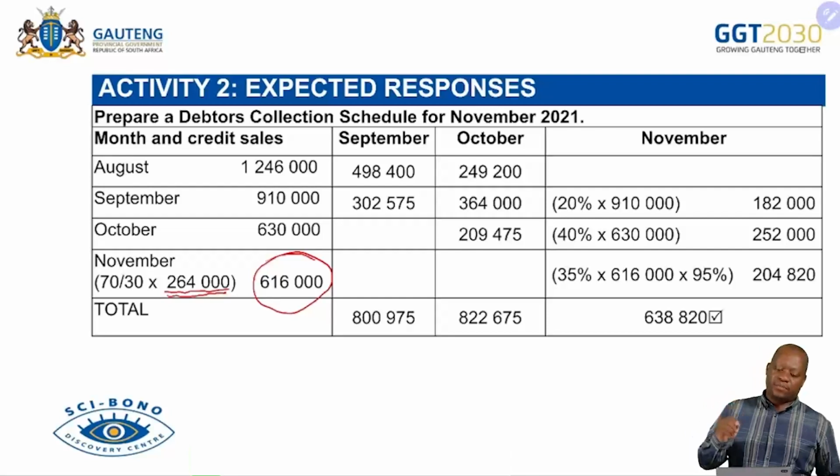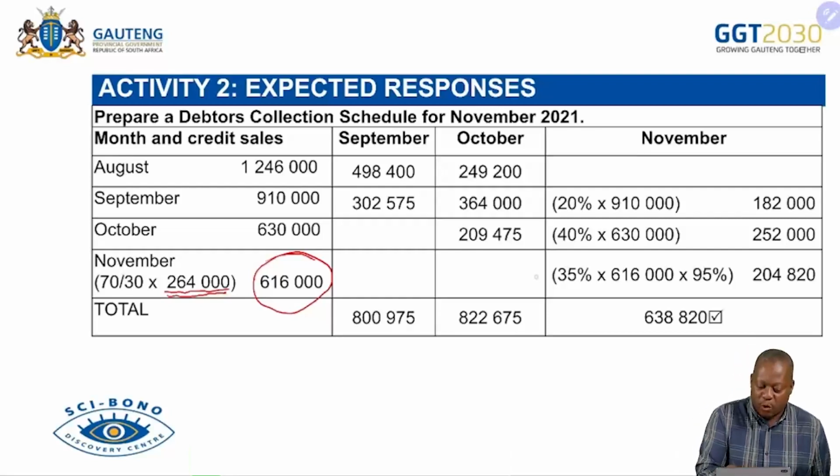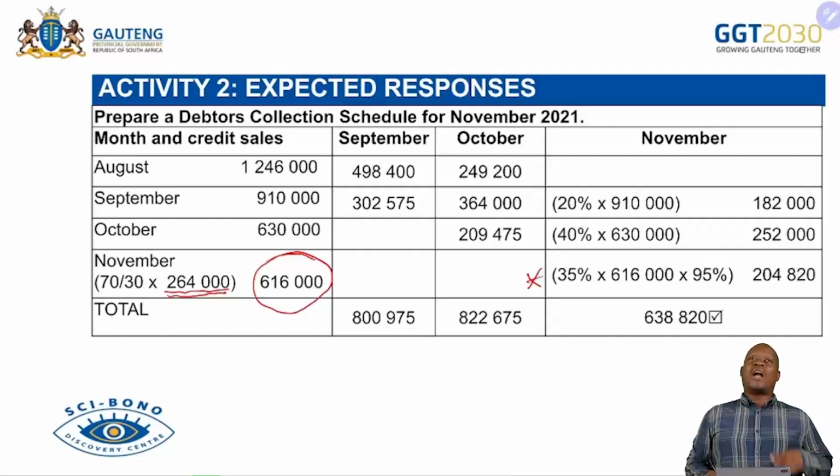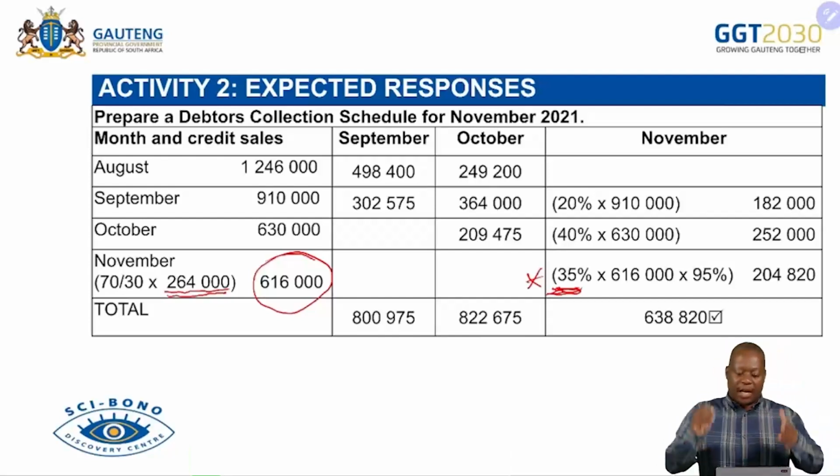After that, we are now going to remember the month of sale issue. Where November and November meets, it's here. And what percentage is being received in the month of sale? It's 35%. And they are not ending there. They are going to also get a 5% discount. Let's check here.